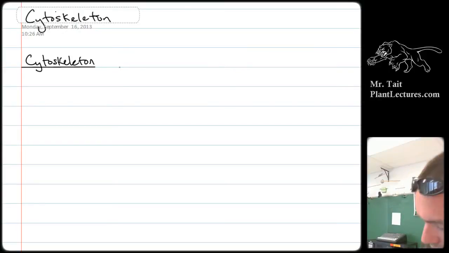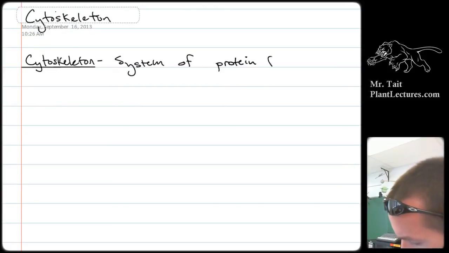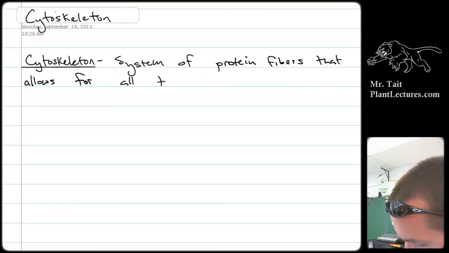The cytoskeleton is a system of protein fibers that allows for all types of cellular movement.